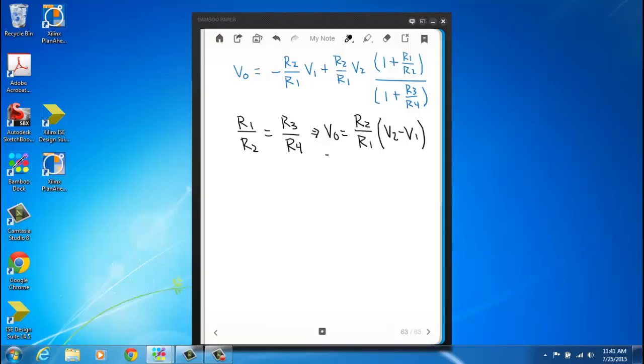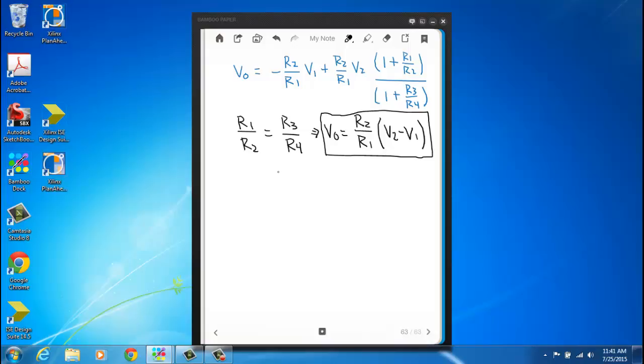Okay, so this is why the circuit's called a difference amplifier, because as long as you make this condition of these two ratios equal, you're going to get Vout equal to the difference of the two input voltages times this ratio R2 over R1, and as long as you make this ratio greater than 1, you can now amplify the difference of those two voltages. So that's where the name difference amplifier or differential amplifier comes from. It's called either, but it means the same thing, that you can amplify the difference of the two input voltages.